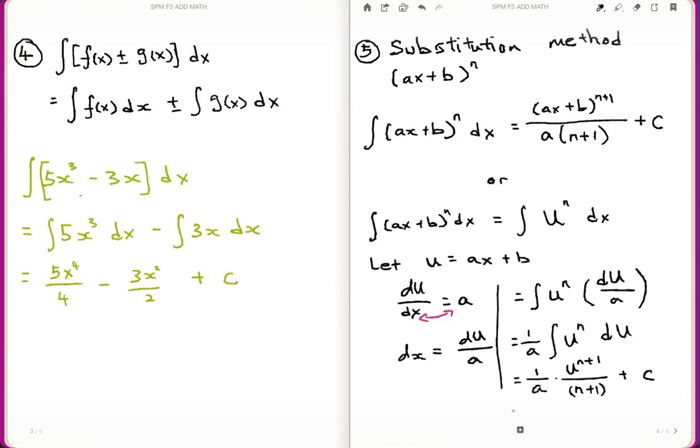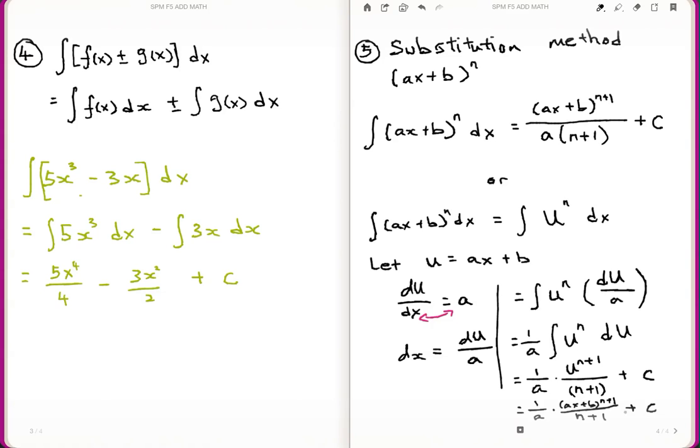Therefore, that would be 1 over a times (ax+b)^(n+1) over n plus 1, plus c.